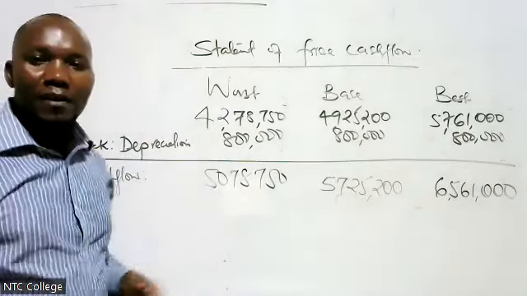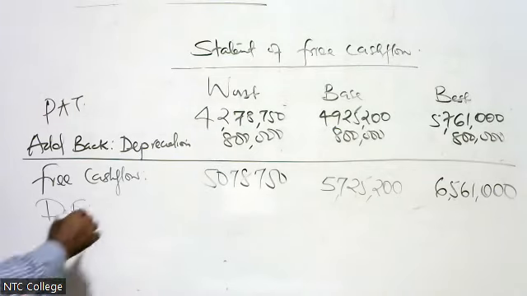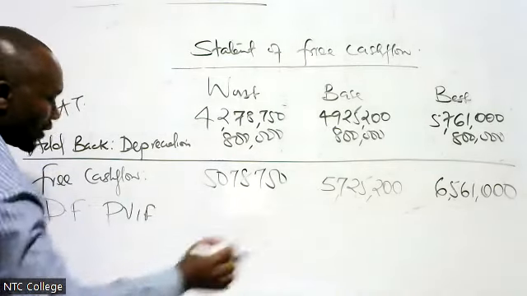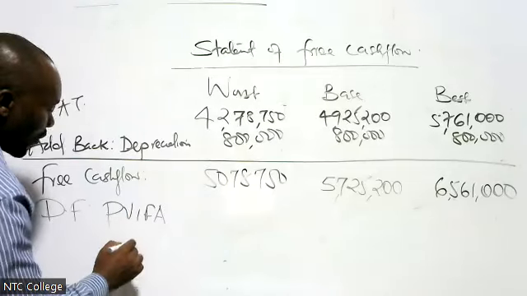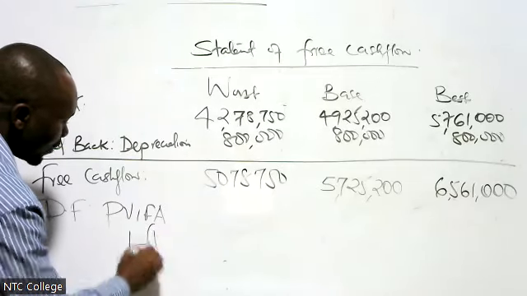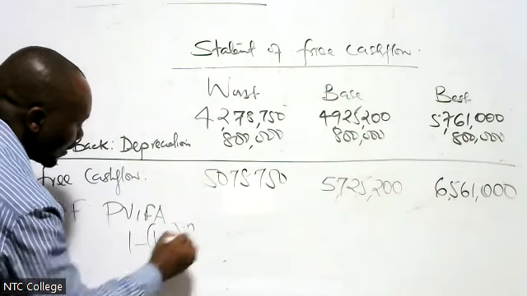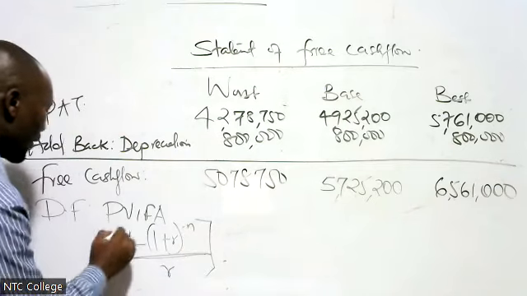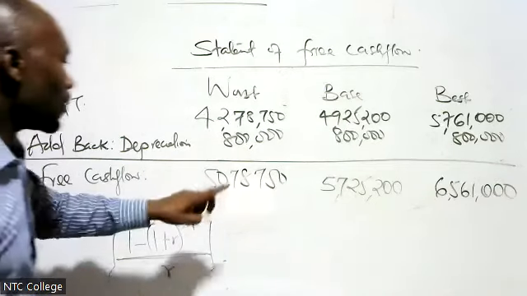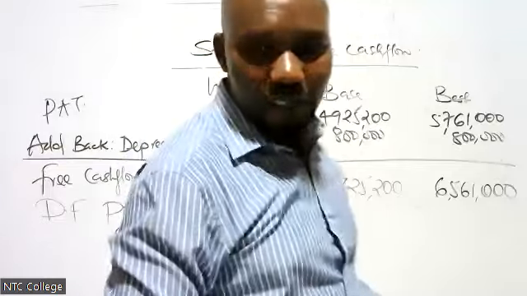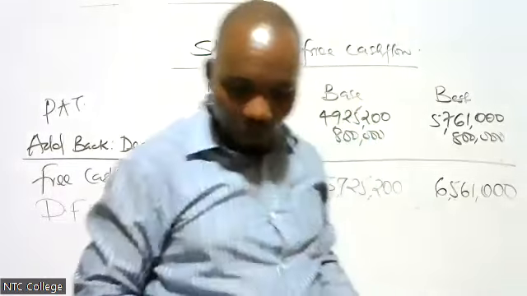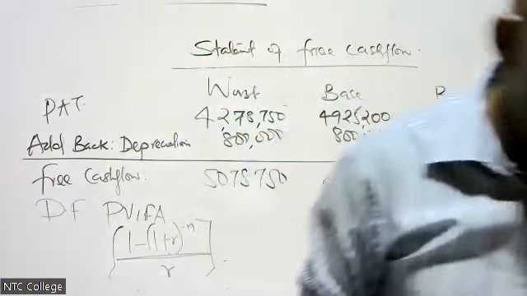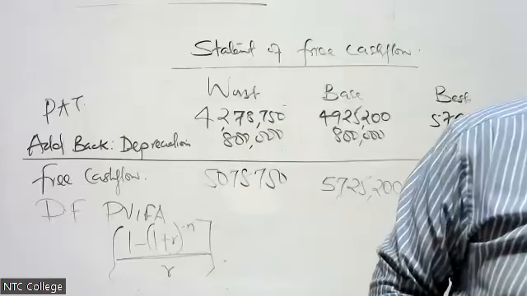So therefore we use PVFA. Yes. So we have PVFA. Every year itakuwa hivi for the next 5 years. PVFA. And you know the formula, 1 minus 1 into 1 plus R negative N all over R. That one is okay. So get me the discounting factor for the worst case, the best case. In fact, they are just the same, right? What is the discounting factor? Because that does not change with the scenario. It remains the same. So what is the discounting factor?